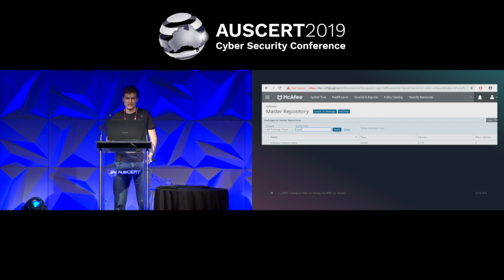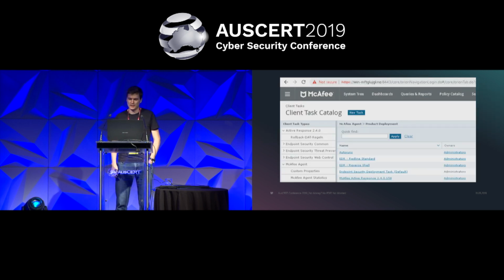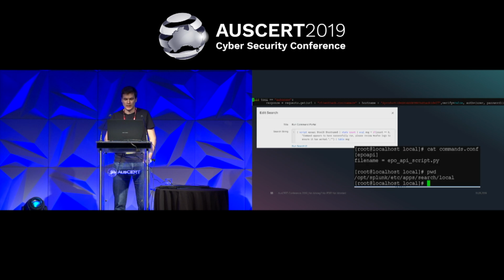So what that looks like in EPO is you set it up in EPO, upload it, and set up a client task, which allows you to then use the API to deploy the application that you've packaged. This is on the Splunk side of things. Not sure how easy that's going to be to read, but it's just some Python stuff to hit that API, and you can trigger that from a search.